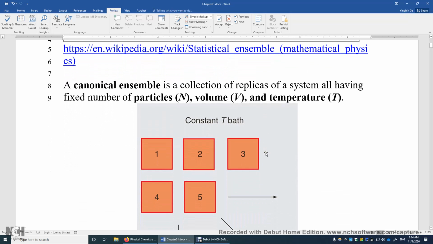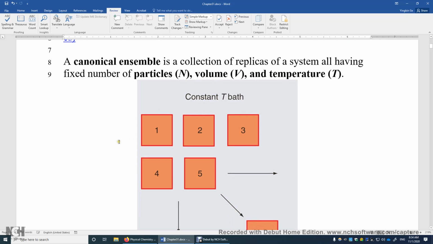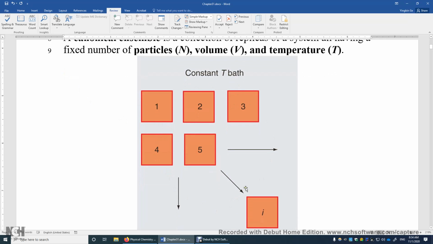Now let's look at the canonical ensemble. A canonical ensemble is a collection of replicas of a system, all having a fixed number of particles, all having the same volume and temperature. It's illustrated here.